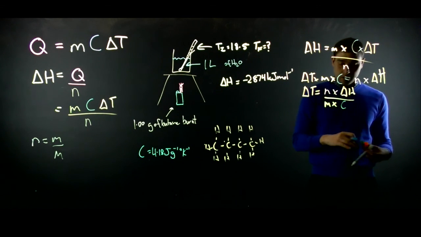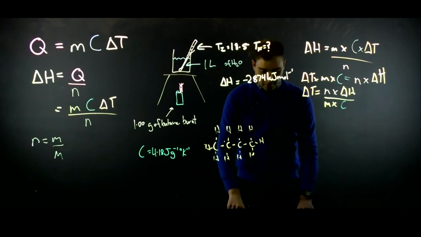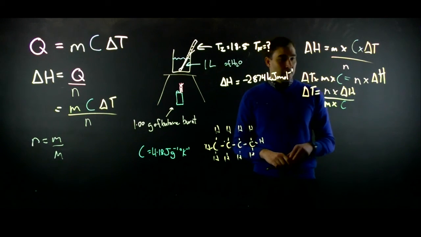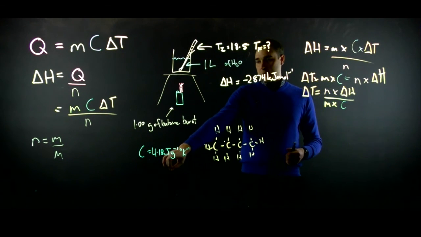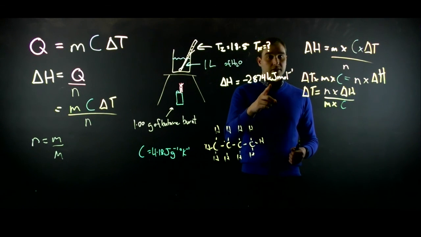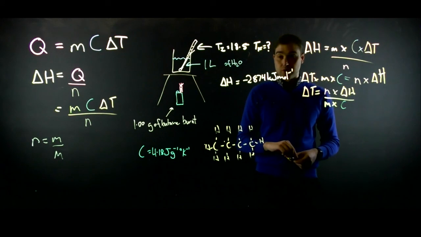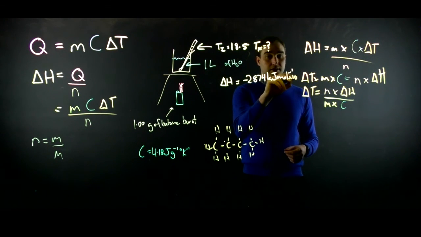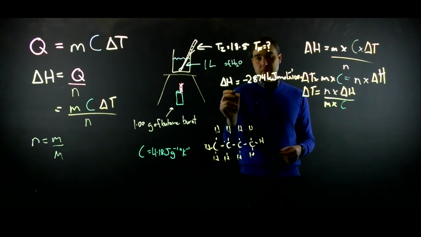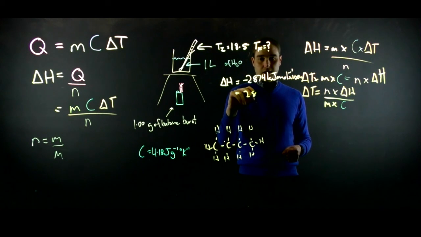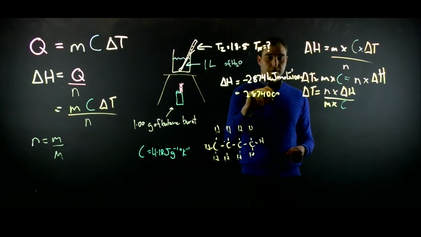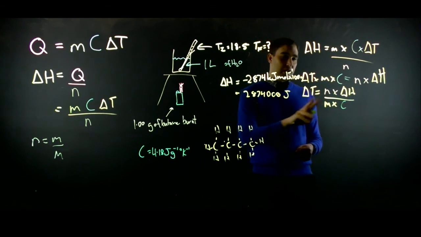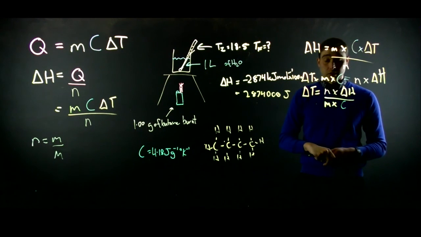Now, we've got a little bit of a conversion to do. My unit for specific heat is in joules, but my unit here is in kilojoules, so I need to turn this back into joules. So I times that by 1,000, and I get 2874000 joules. So I need to use that number when we're over here, otherwise we'll have an error.